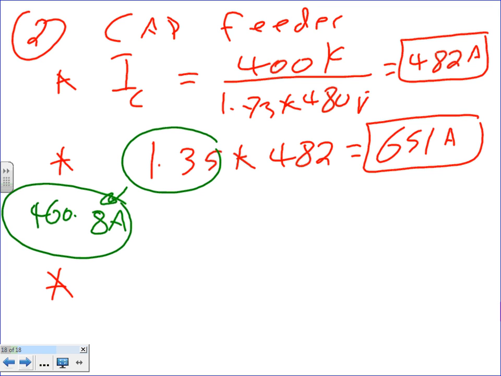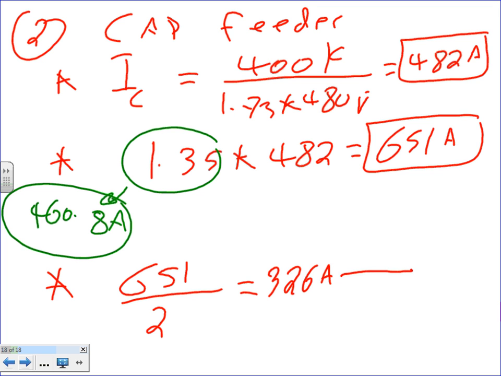The last thing is, I need to size the conductor. I like to parallel. It's a big boy here. Divide by 2 to parallel them, and you end up with 326 amps. Take this to Table 310.16 under the 75-degree column.